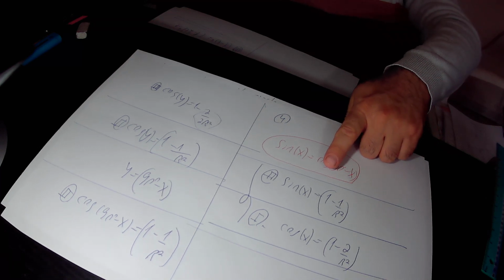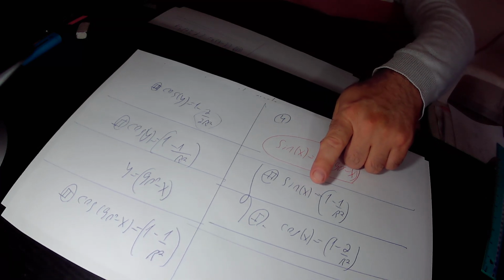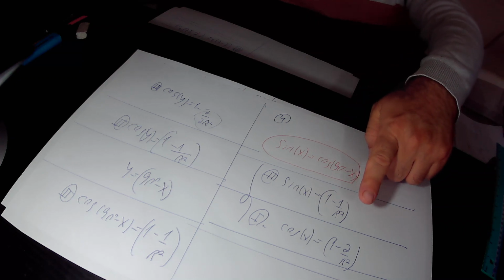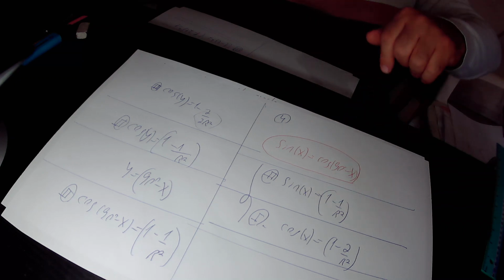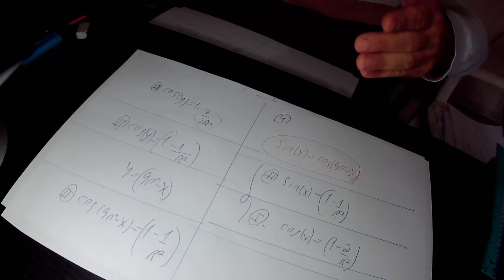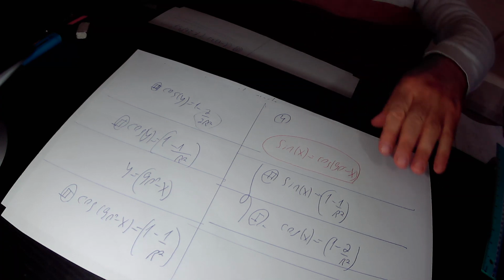This is according to equation 2, while according to equation 1, we have already found out that cosine x equals 1 minus 2 over r squared. So we have here two expressions for sine x and cosine x.